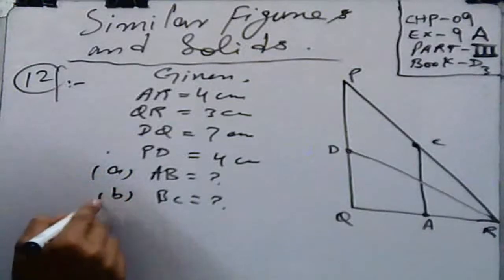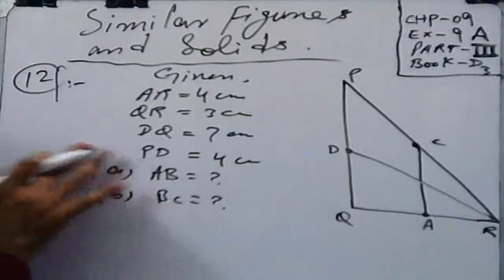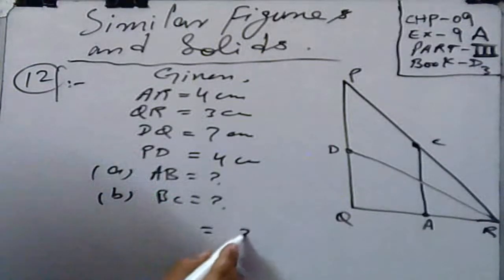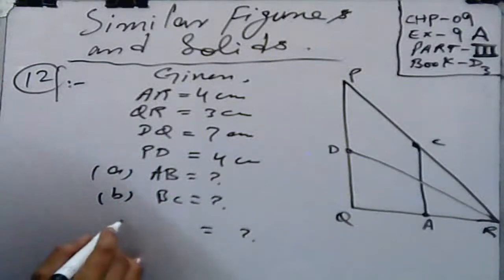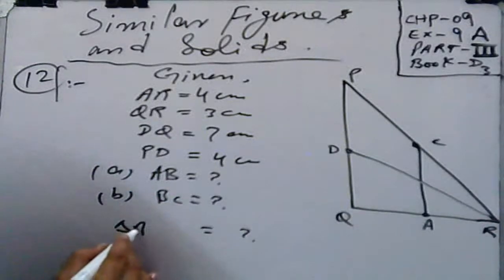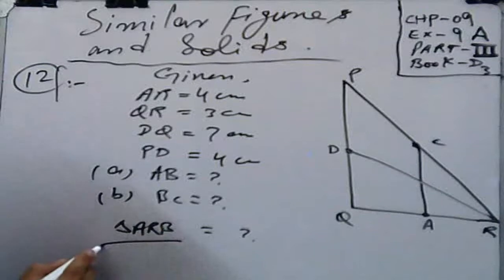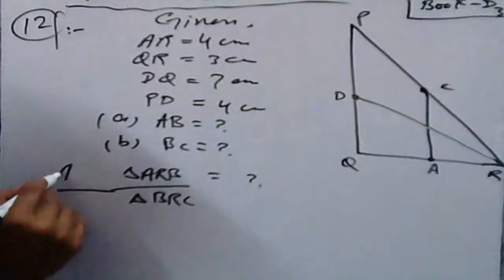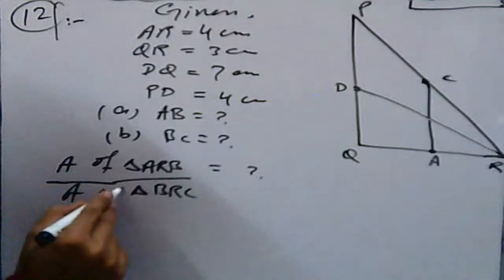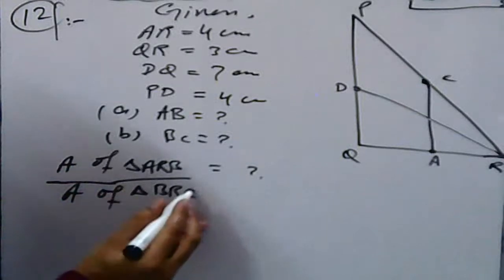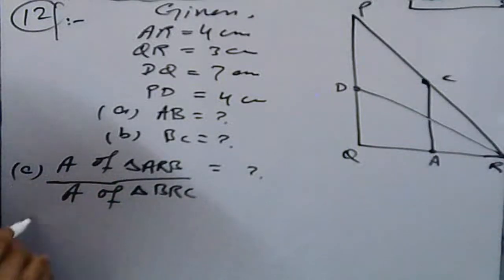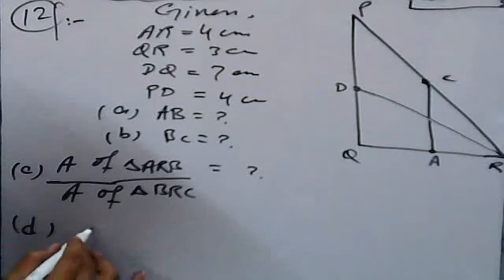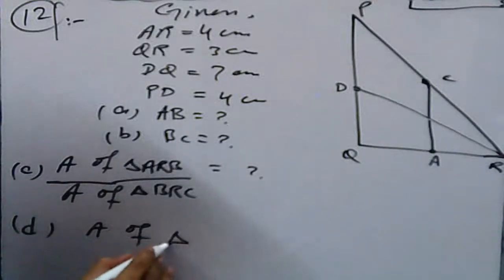Similarly, AB and BC we have to find, that is at A point and B point, and at C point we have to find the ratio, that is area of ARB divided by area of triangle BRC.